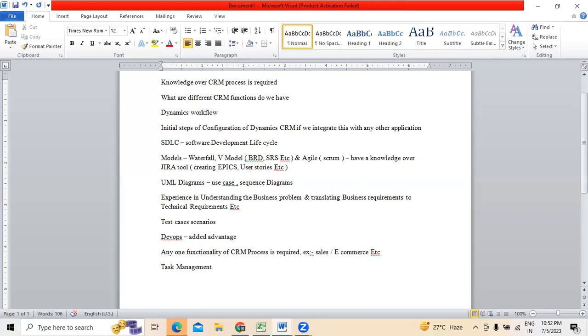Sometimes we call it Dynamics AX workflows. That sort of knowledge is also required being a business analyst whenever we are working on the Dynamics CRM part, right?